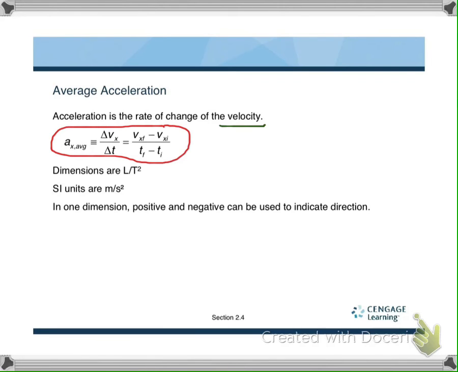of the acceleration. The dimension of the acceleration is the dimension of the velocity over the time, and since the dimension of the velocity is L over T, the dimension of the velocity over time is L over T square.